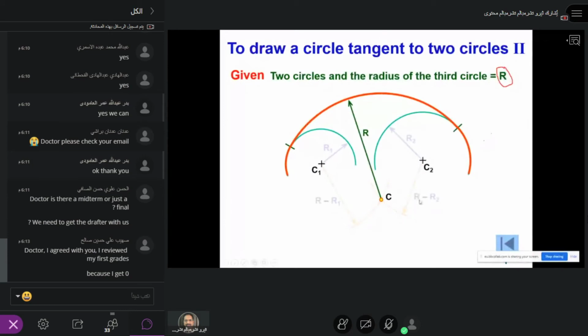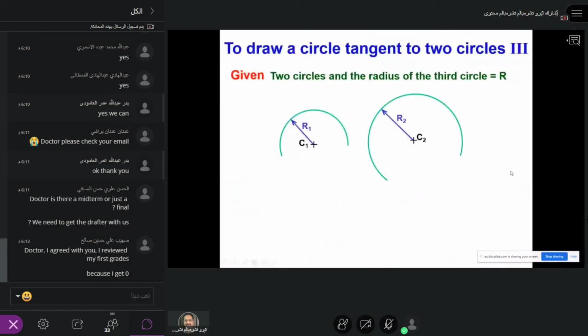The only difference is that the two circles are within the big circle, so you only have to remember the subtraction, from R to R1, R to R2. Then this will make a tangent outside, and these two circles will be inside of that arc.